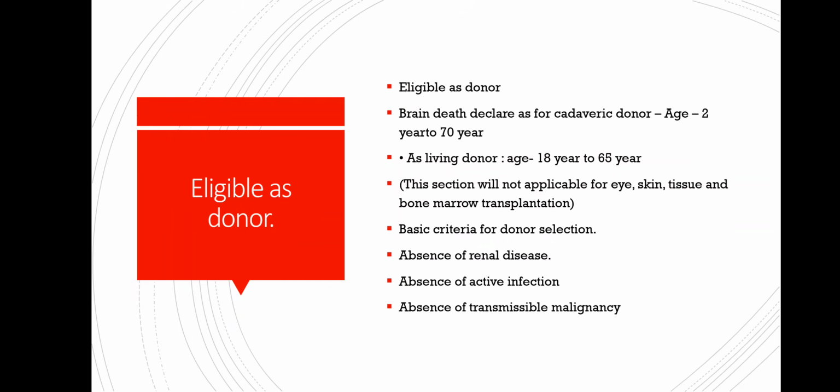The cadaveric donor should be aged up to 70 years, while the living donor should be aged 18 years to 65 years. This section will not be applicable for eye, skin, tissue and bone marrow transplantation. The basic criteria for donor selection: first of all, absence of renal disease, then absence of active infection, next absence of transmissible malignancy.